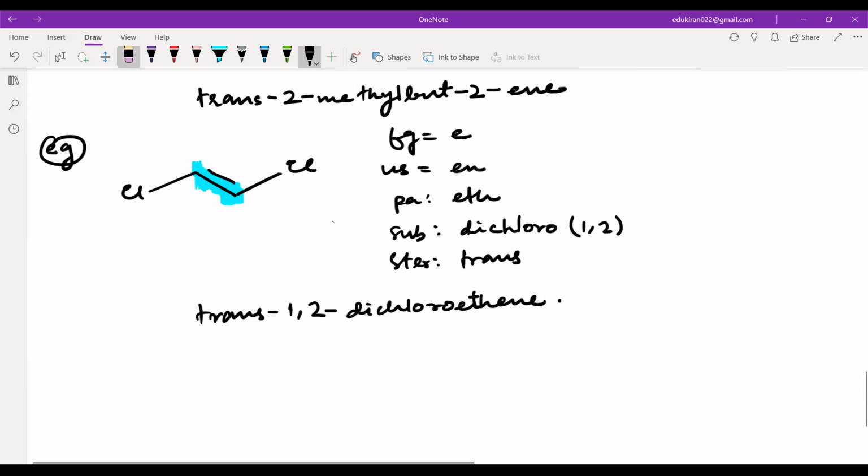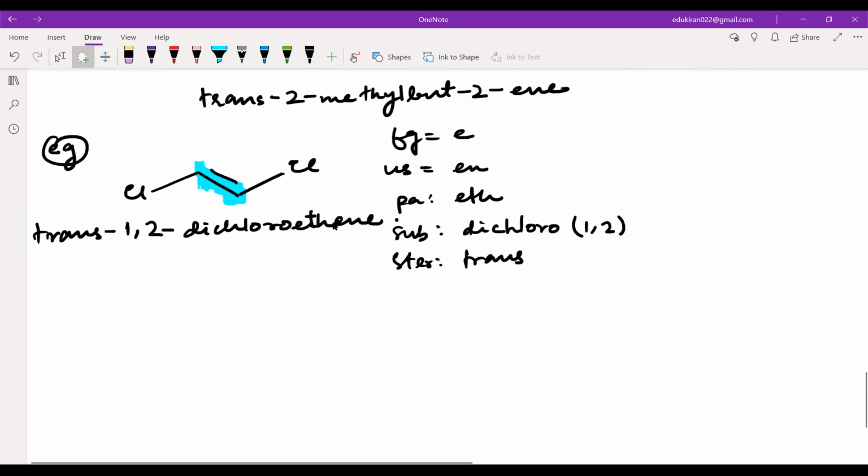I can also write one more example. Here the functional group is again E. The unsaturation is En.